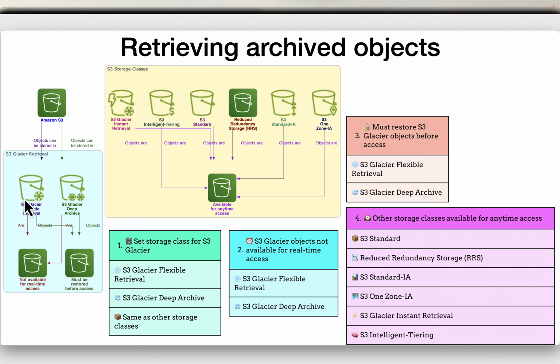So basically in these two classes it's not available for real-time access and must be restored before access. So only these two. And Instant Retrieval, which is part of the S3 Glacier storage class, is available for real-time access; otherwise objects must be moved to one of these Glacier storage classes or regular S3 storage classes.